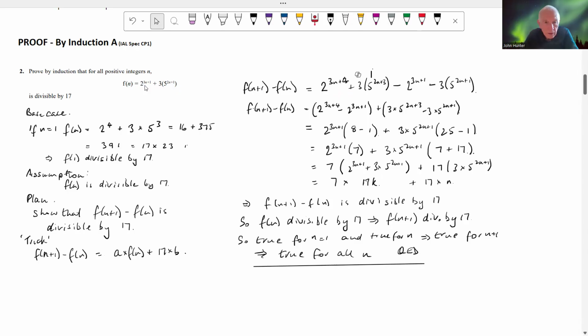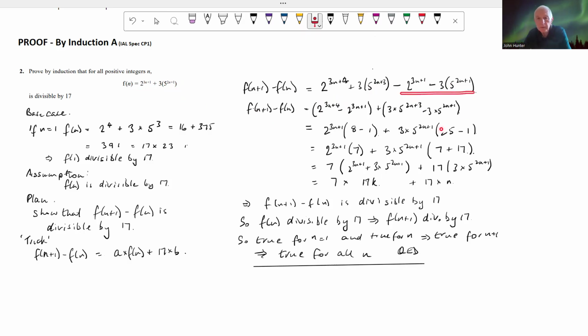That's just substituting n plus 1 in for the n, so we've got 3 into n plus 1, which is 3n plus 4, plus 3 into 5 to the power of 2 into n plus 1, which gives us 2n plus 3. That's the n plus 1 version of 2n plus 1. And then minus this expression, basically f of n.